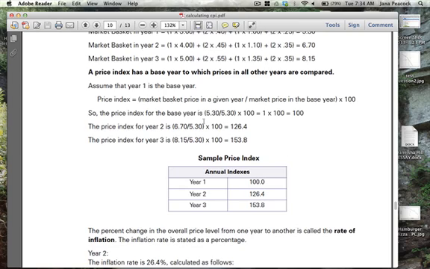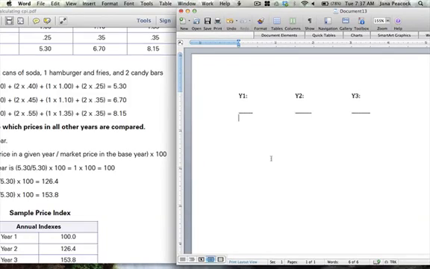So here, your price index is going to be your market basket in a year over your market price in the base year. Okay, so our worksheet says that we're setting our base year at year 1, and the index is going to be the price in a given year over the market price in the base year. So the market price in the base year is always going to be $5.30.